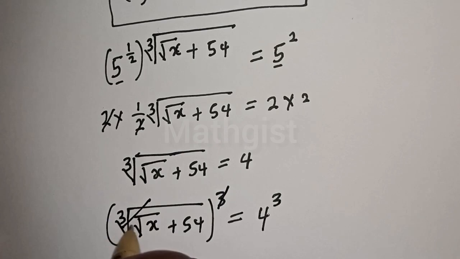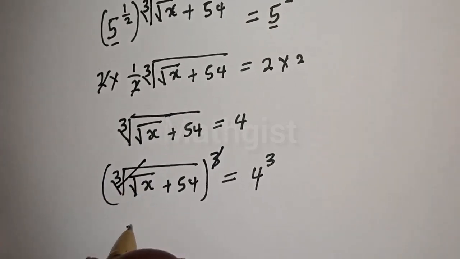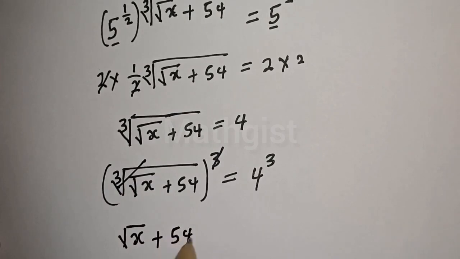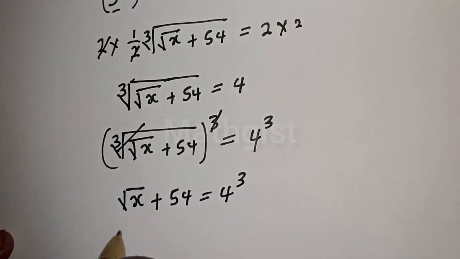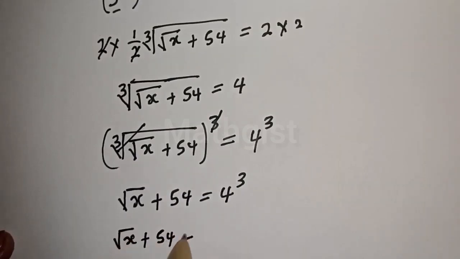This will cancel this. We are left with root of s plus 54 is equal to 4 raised to power 3. Here is root of s plus 54 is equal to 64.